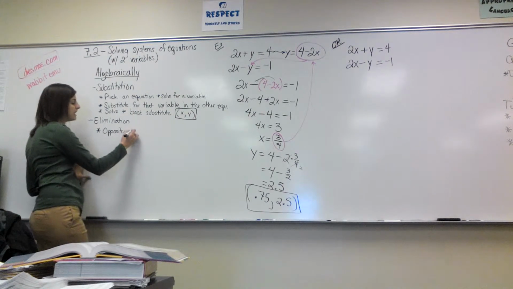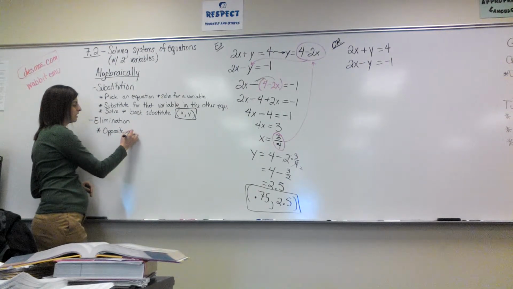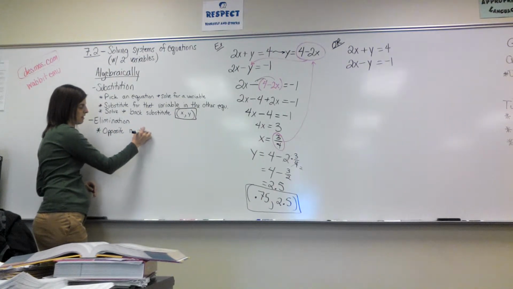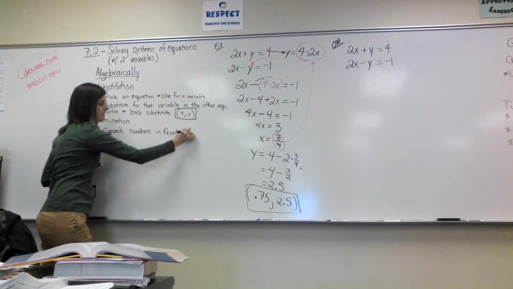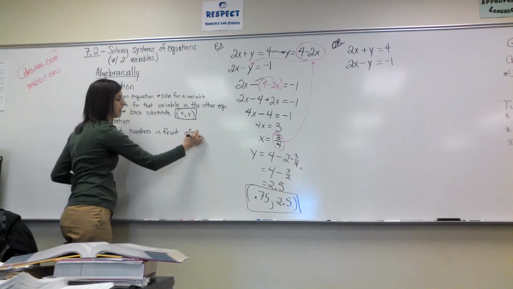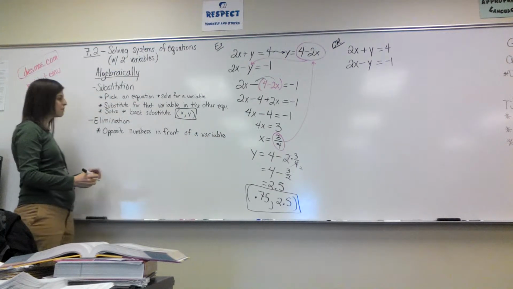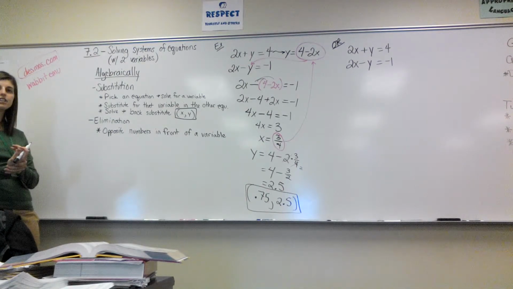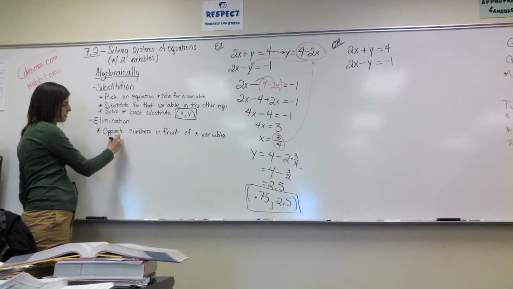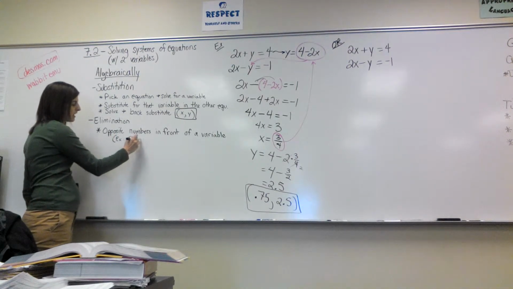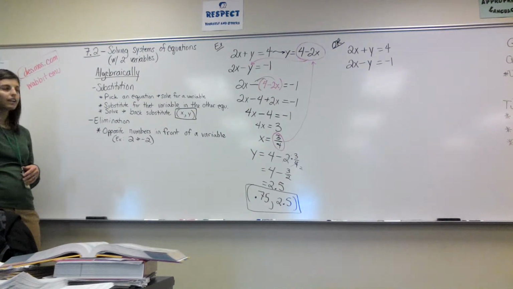So opposite leading coefficients, opposite numbers in front of a variable in each equation. For example, 2x and -2x.